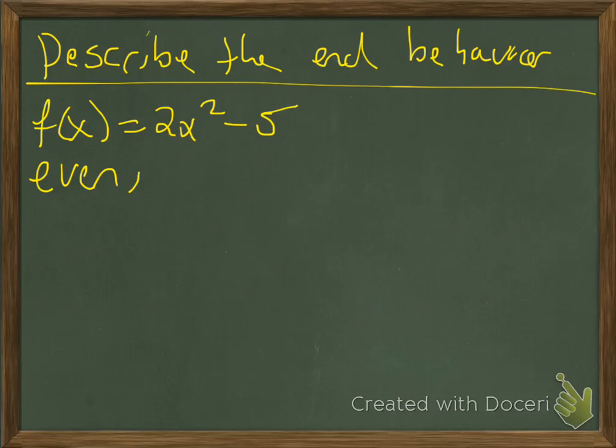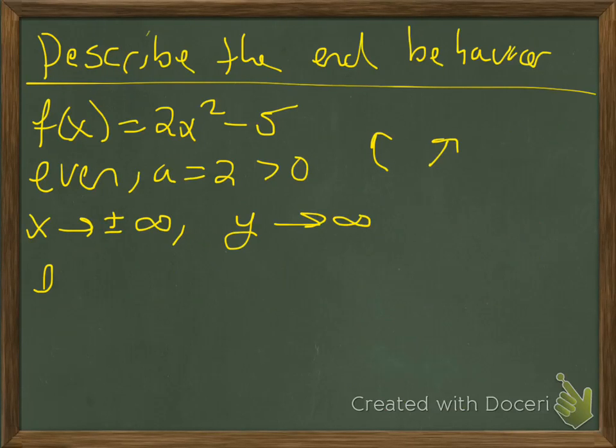So even means either both go up or both go down. Because the a is 2, which is positive, it's opening up. So it's like a field goal. So as x goes to plus or minus infinity, the y is going up in either direction. If I go to negative infinity or positive infinity, the y is going up both times.